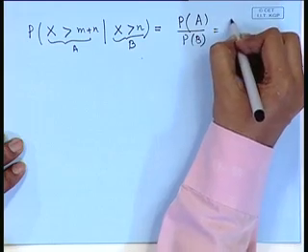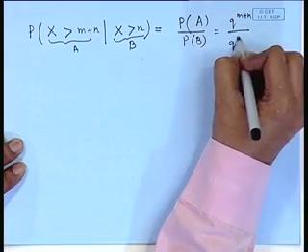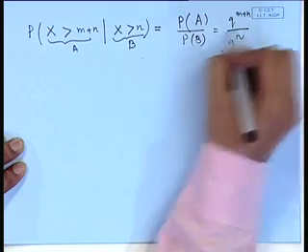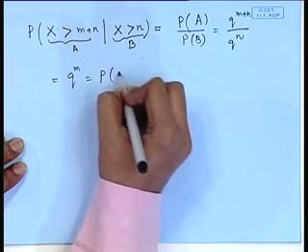Therefore, these probabilities will become q^(m+n) divided by q^n, and this is equal to q^m, which is probability x greater than m.